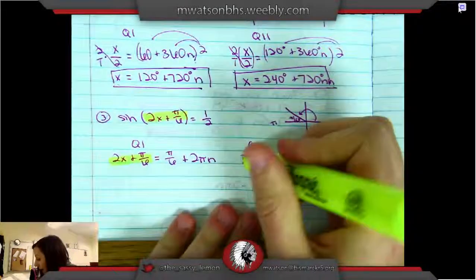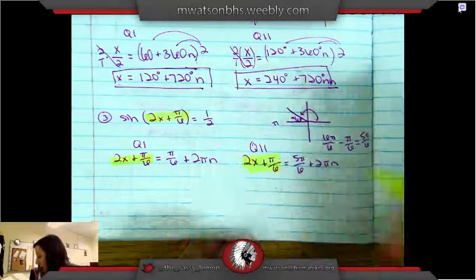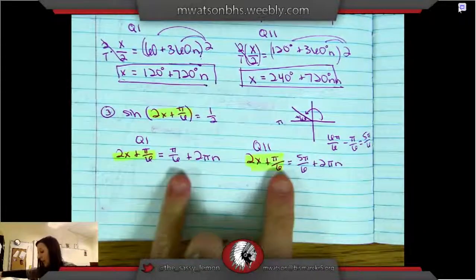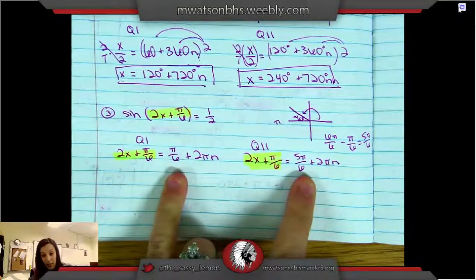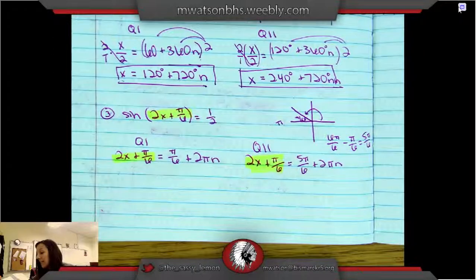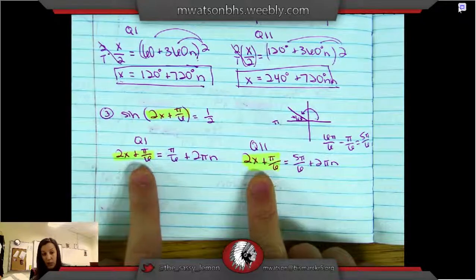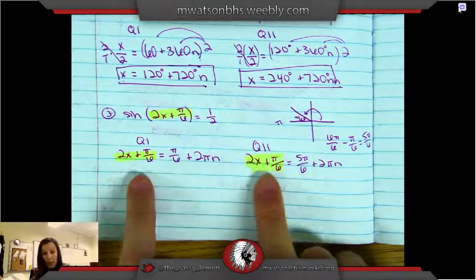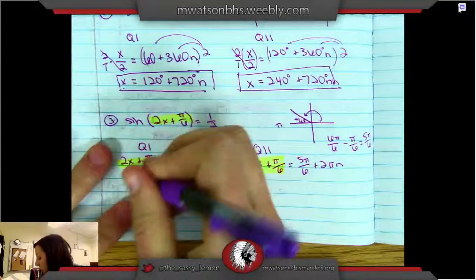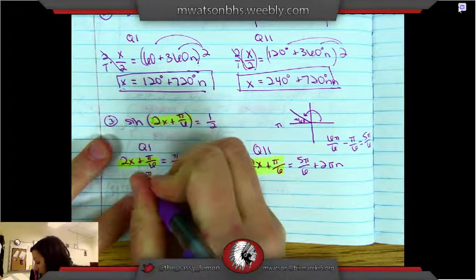Remember, this side is just strictly for my argument set equal to the answer that I just found. And in the last lesson, this would have been our final answer, but because our argument's so big, we need to actually solve for x now. So we're going to subtract pi over 6.